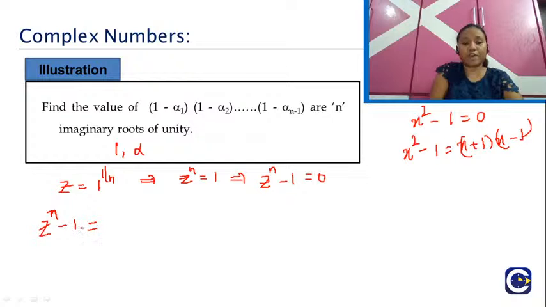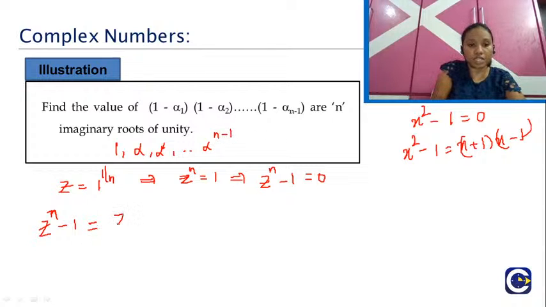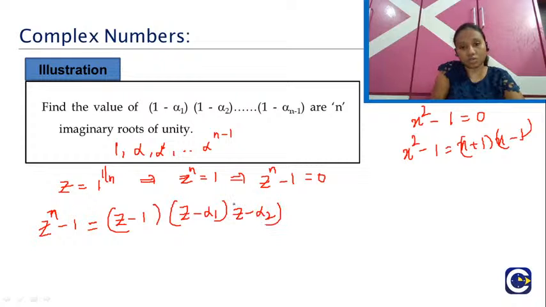This z power n minus 1 can be written as a product of its factors, that is nothing but 1, alpha, alpha square, and so on, alpha power n minus 1. So this can be written as z minus 1 into z minus alpha 1 into z minus alpha 2, and so on, z minus alpha n minus 1.